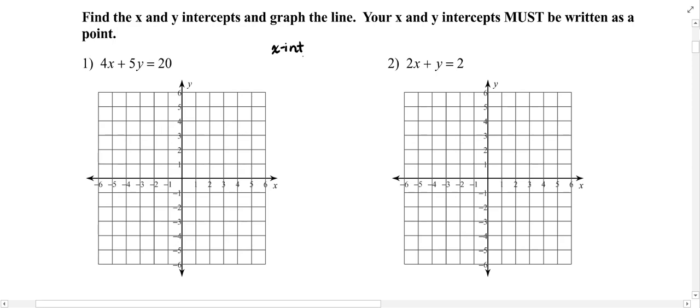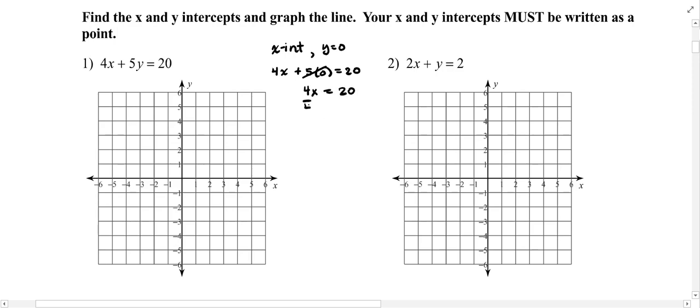So the first thing is let's find the x-intercept, right? If you're looking for the x-intercept, then that means that your y is going to be 0. Okay, so let's do our first calculation. That's going to be 4x plus 5 times 0 equals 20. 5 times 0 is 0, so now we have 4x equals 20.